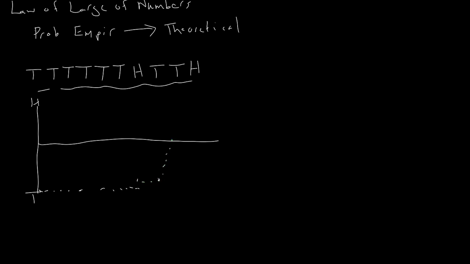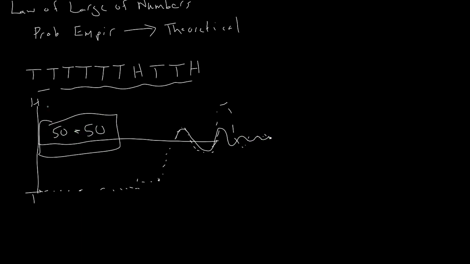But eventually over time, and I do enough of these, it'll start to bounce around being perfectly fair. And usually it doesn't come back up this high, and it oscillates around the 50-50, which is the theoretical point of the coin. The coin has a theoretical probability of 50-50. And we see this play out over and over again.